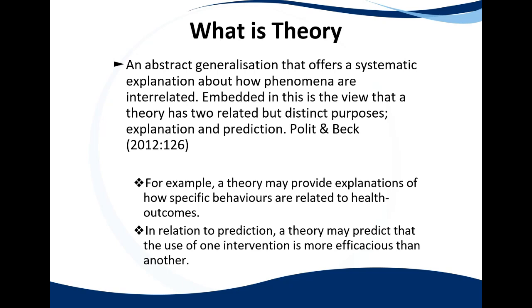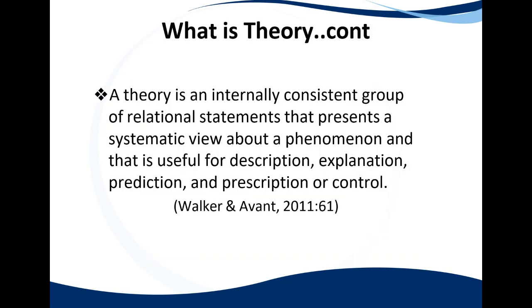It is more abstract, but it's also a systematic explanation about a phenomena. So if we look at some other definitions, a theory is an internally consistent group of related statements that presents a systematic view about a phenomena, and that it is useful for description, explanation, prediction, and again, prescription or control.